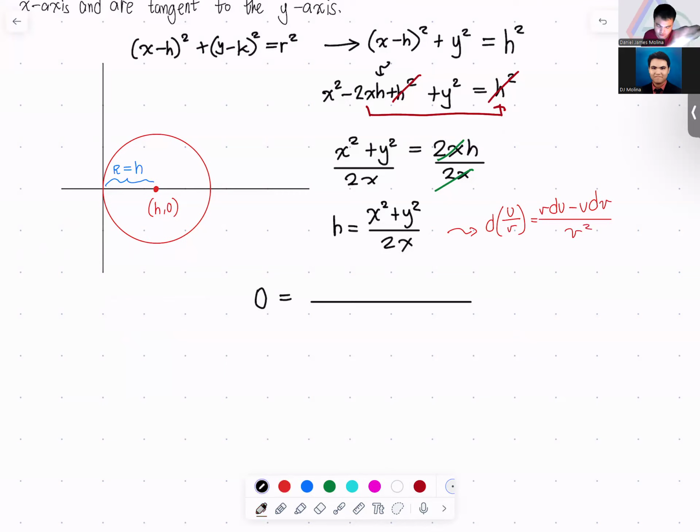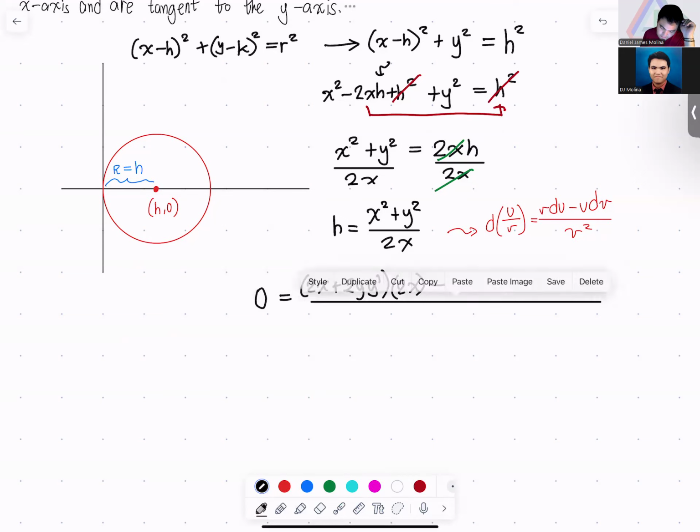Here we have the derivative of the numerator. That's 2x plus 2y, but don't forget the y prime. Then copy 2x. Then minus, copy x^2 + y^2. Then differentiate 2x. That's 2. And then the denominator is simply the square of 2x.